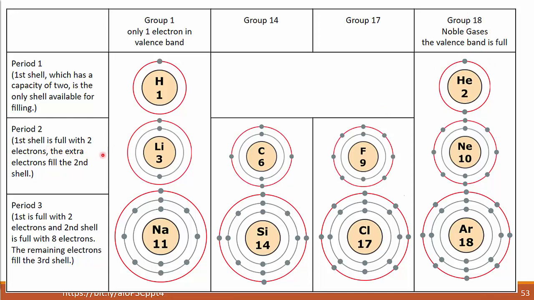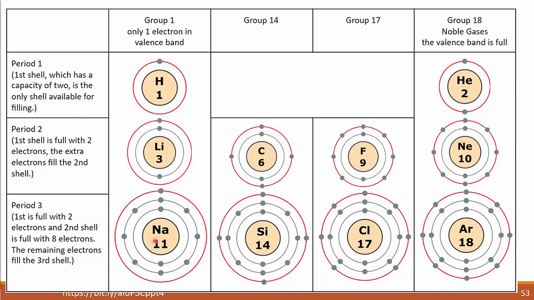Period 2, lithium that has an atomic number of 3. So 3 protons and 3 electrons. The first 2 electrons are going to fill the first shell, and the remaining electron is in the second shell. So our second shell is the valence band in this case, and it has 1 electron like hydrogen. That's why both are in group 1.